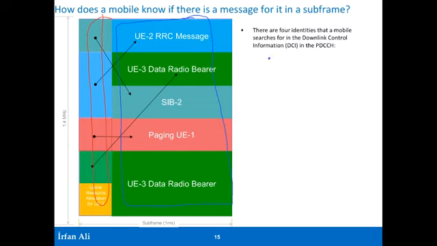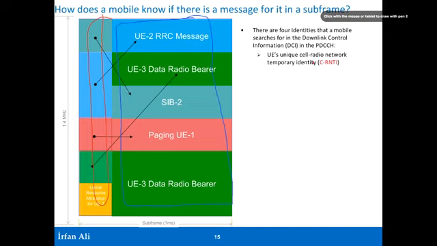So how does a mobile know whether this particular downlink control information is for it or for somebody else? The way it tries to figure that out is by looking at the identity inside these DCI, the downlink control information that is being sent for the mobile.